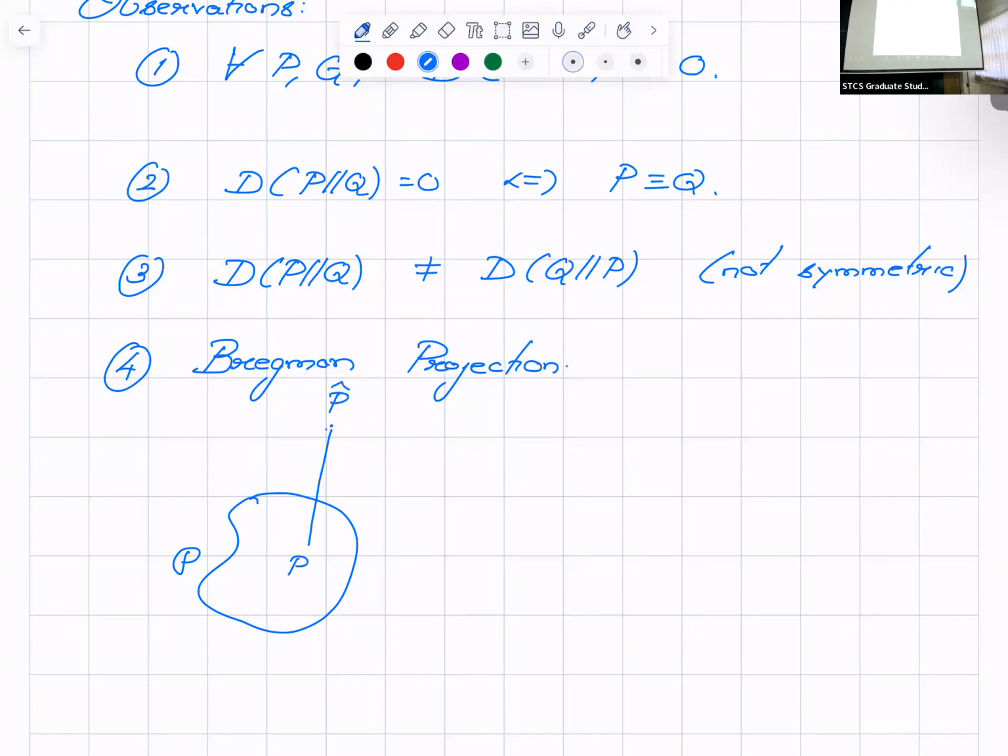So I'm going to put this to be P star. P star is the argmin over all P in the set P, which minimizes the relative entropy between P and P hat.